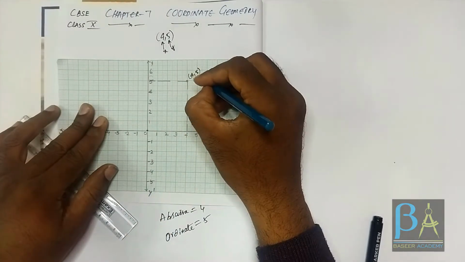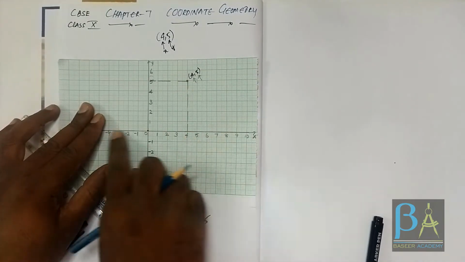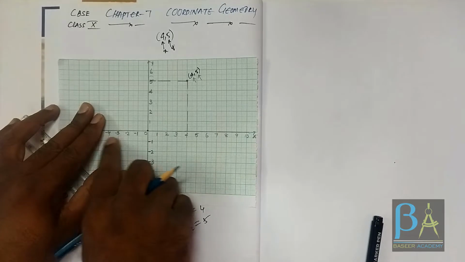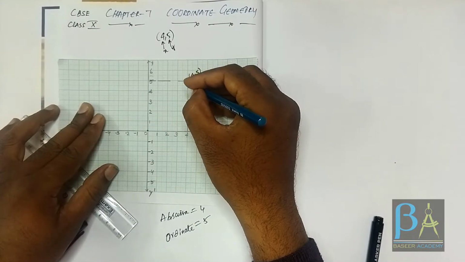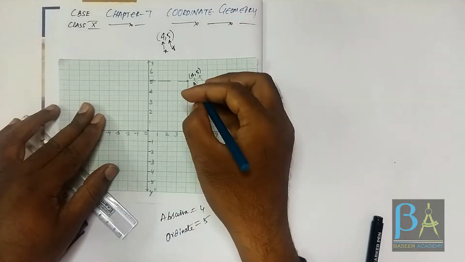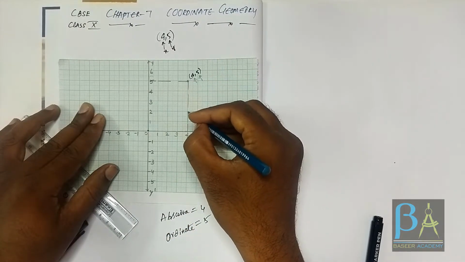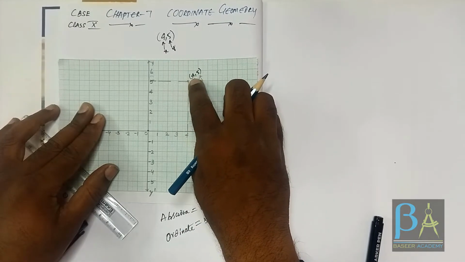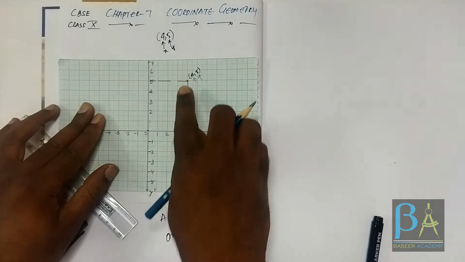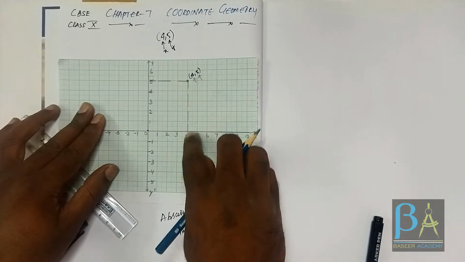And the y coordinate gives us the distance of this point from the horizontal axis, which is the x-axis. The y coordinate is 5, so the distance of this point from the x-axis is 5 units. You can check it for yourself: 1, 2, 3, 4, 5.